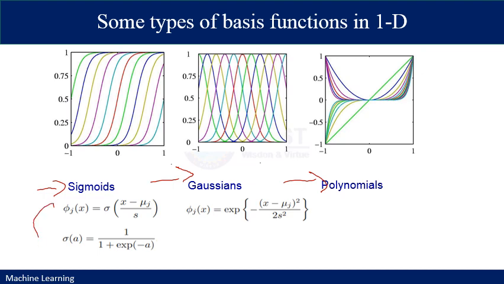Here are examples of sigmoid and Gaussian functions. You may recall from lecture 2 that the Gaussian is the representation of continuous variables under a bell curve where the concentration of the samples is centered at a mean.